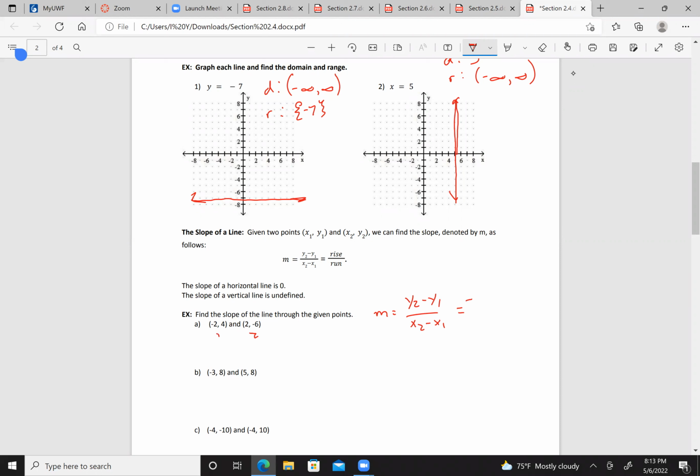So I have negative 6 minus 4 over 2 minus negative 2. So we have negative 10 over 4, which is negative 5 halves. That is my slope.